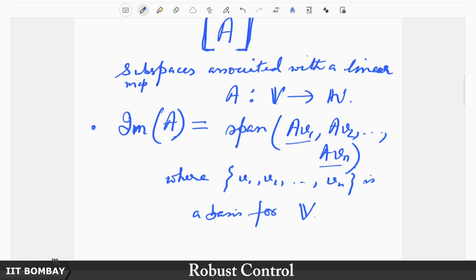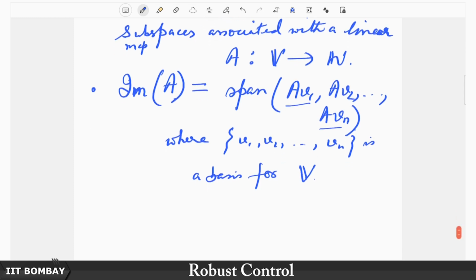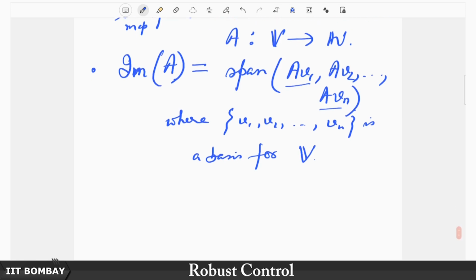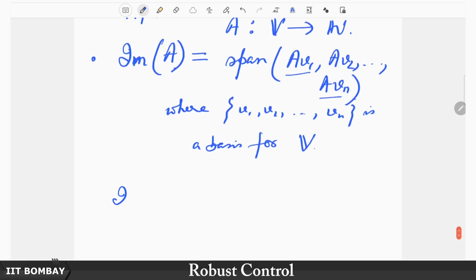There is an alternate definition to this image, which most linear algebra textbooks would probably call the primary definition of an image. So, let me give the second definition of this image.